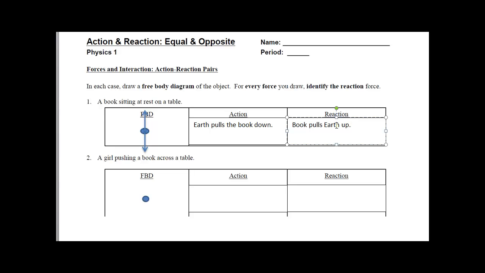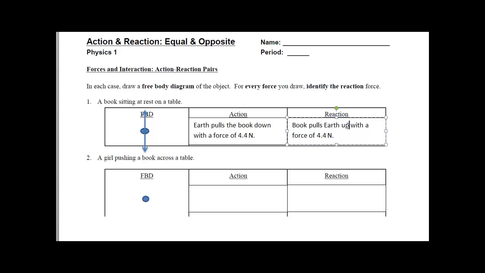It can be a little bit more specific if we said the earth pulls the book down with a force of, the book weighs about a pound, so I'd say about 4.4 newtons. And so if the earth is pulling the book down with a force of 4.4 newtons, the book is pulling the earth up with a force of 4.4 newtons.